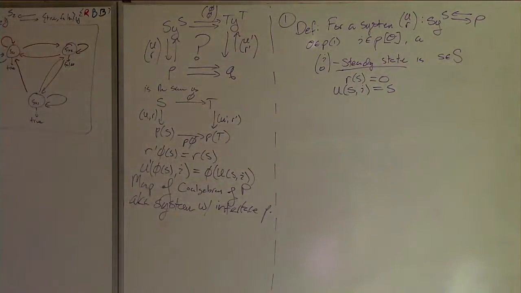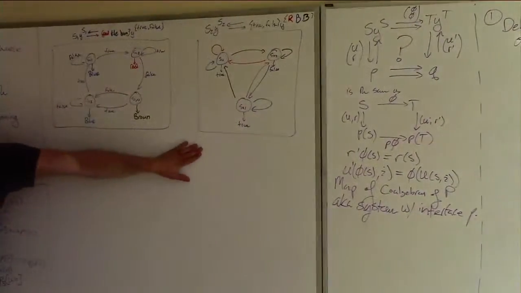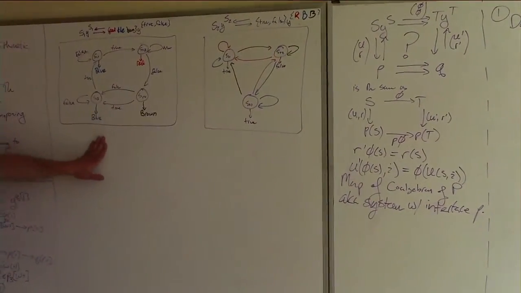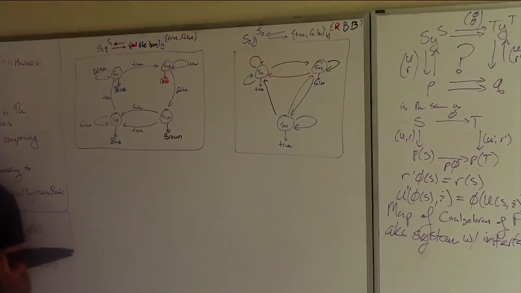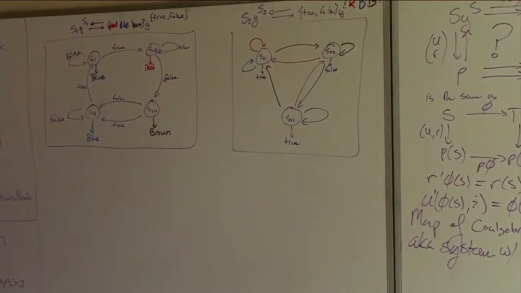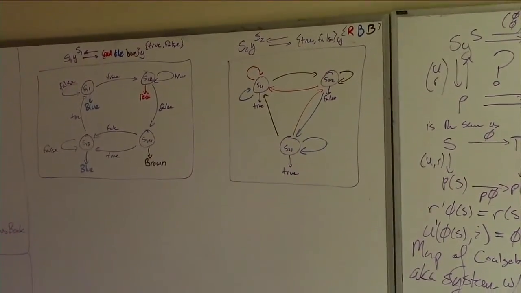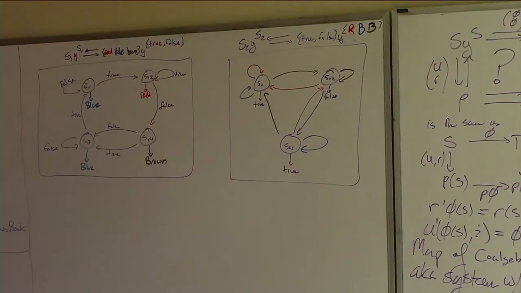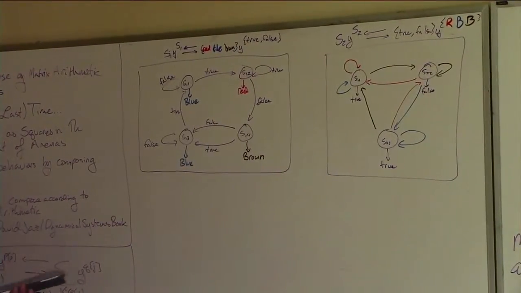So if I can turn your attention to this example system, these are my two examples. They're going to be kind of running examples. But let's just look at this one, which I call S1. And in S1, it has quite a few steady states. A steady state in a transition diagram like this is a loop that just starts and ends at the same node. Now, what is the IO here?